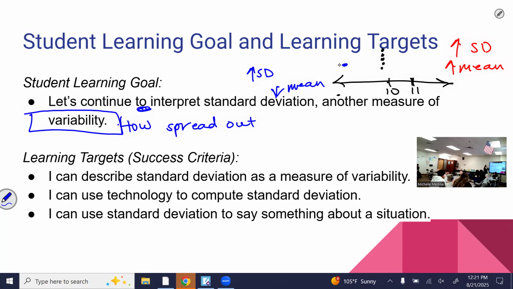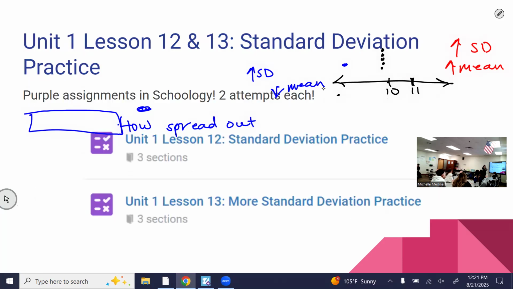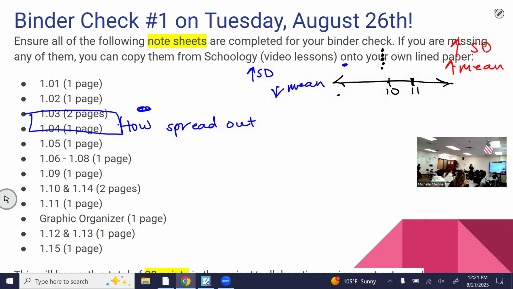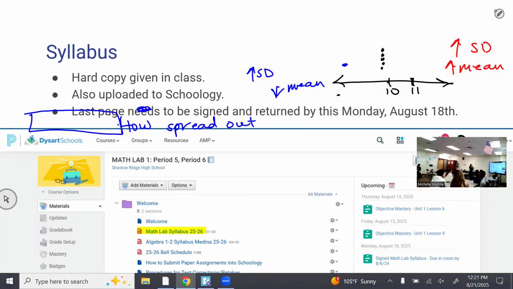Okay, so that hopefully gives you enough to be able to try your practice for 12 and 13. I made sure it was available. Sometimes Rodriguez will unpublish it again, so I might have to publish it for you to be able to work on.